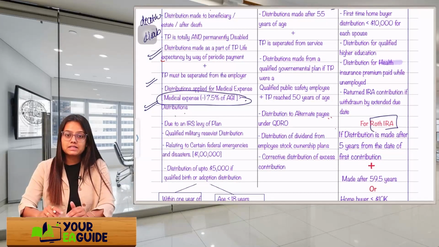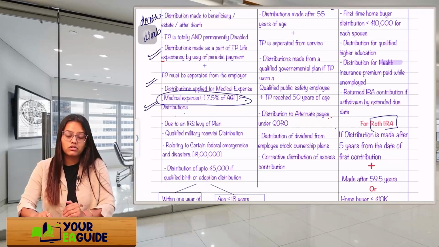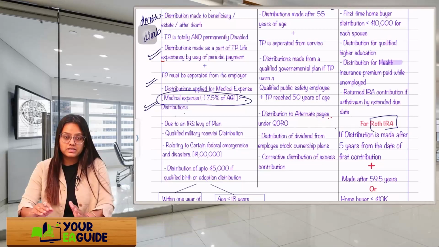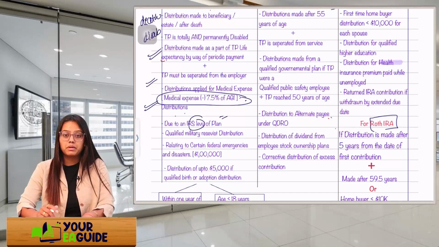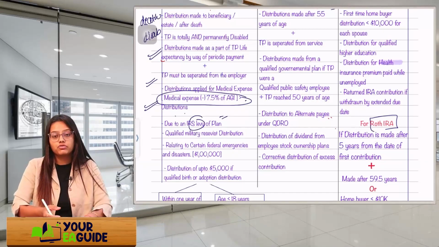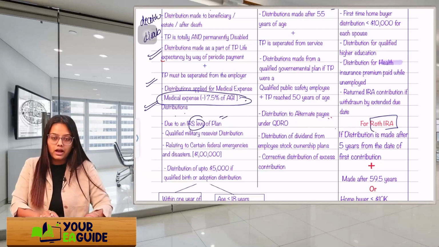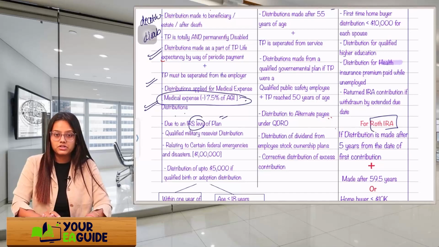Next is due to an IRS levy on the plan. There is a levy or seizure of assets because of non-payment of taxes, interest or huge penalties, and then the IRS can levy all your assets. One of the assets is the retirement plan account. If they levy it and withdraw the amount for their own benefit, to recover the tax, that is not a taxable distribution.